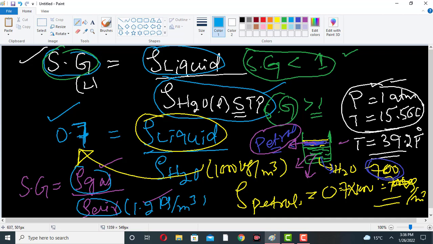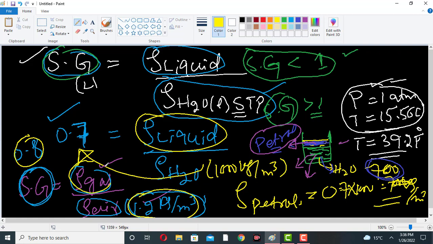This value is known to us. Suppose the specific gravity of a gas is 0.8, what will be the density of that gas? Simply multiply 0.8 with 1.2 and you will determine the density of that gas.